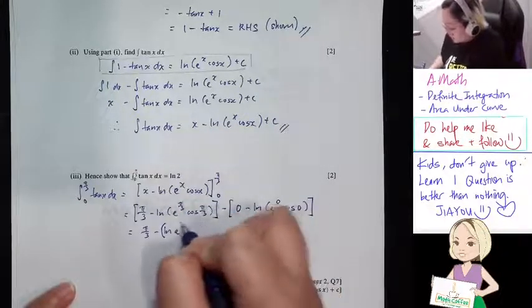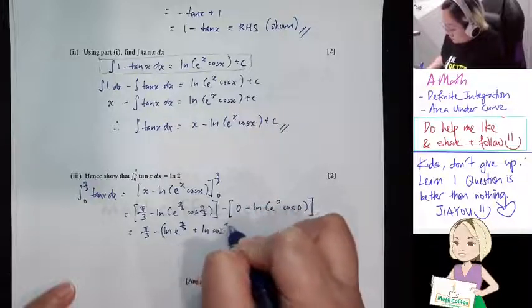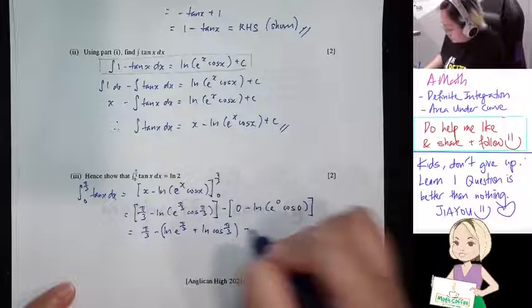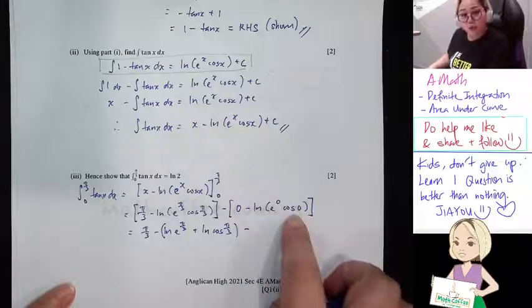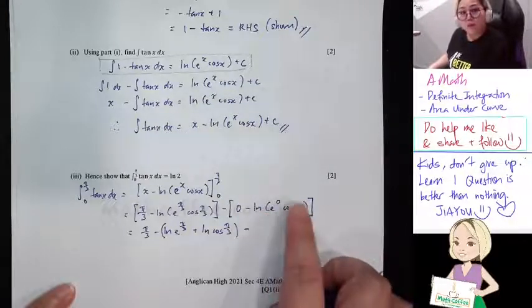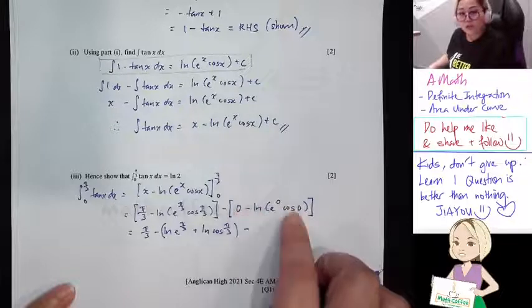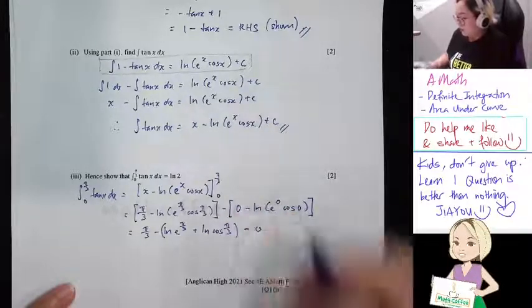So it's actually ln e to the power of pi over 3 plus ln cosine pi over 3. Okay, e to the power of 0 is 1. Cosine 0 is also 1. So this actually becomes ln 1. And ln 1 gives us 0. 0 minus 0 is just 0. Okay, so this behind part is just minus 0.